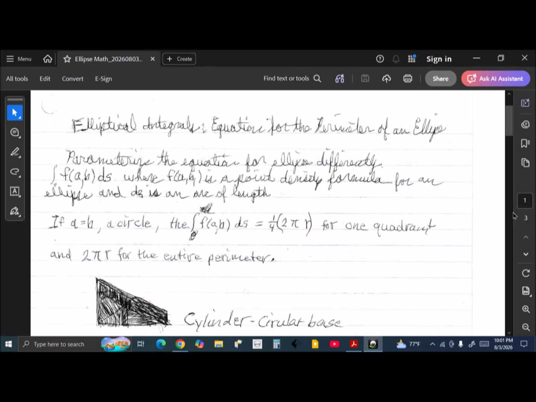And so one of my ideas that I was going to try this time was to parameterize the equation for the ellipse differently than it had been done before.